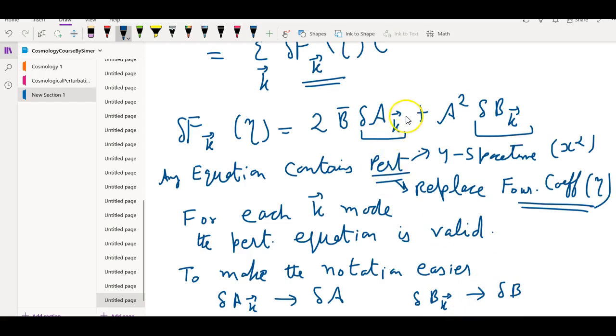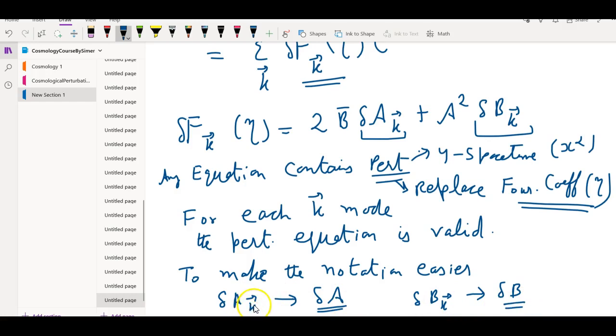Now when you drop these subscripts k, it may look like the original perturbation in the four-dimensional space-time. You may, but then we have to keep it in mind that we are in Fourier space. So after we drop k vector and write the equation in terms of perturbations in k modes, each perturbation delta a, delta b is in k mode.